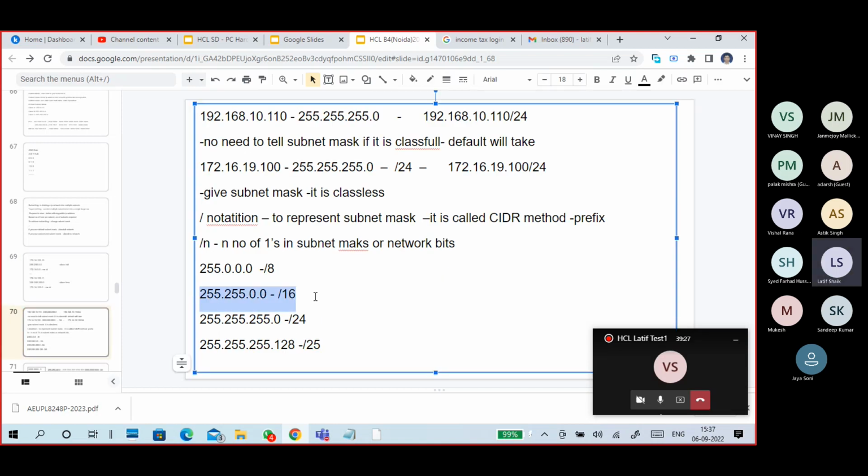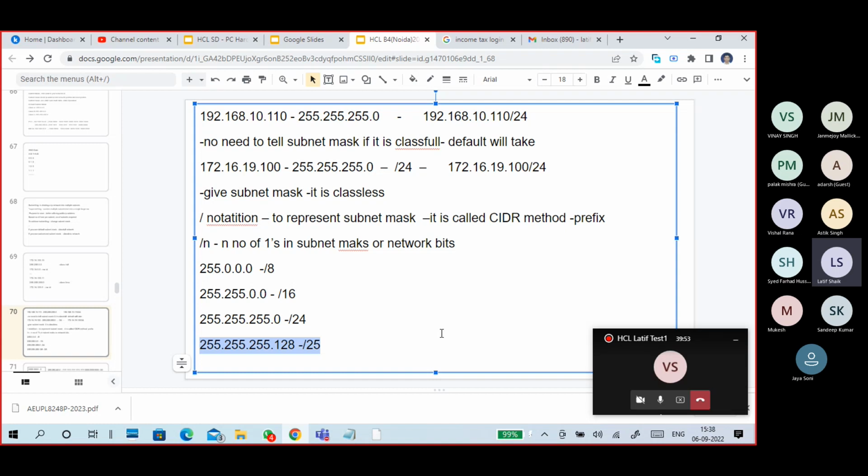Instead of that, you can put /16 also, /24, /25, /17, /18, /20, /23, /27, /30, /10. Different types of slash notations are also there.